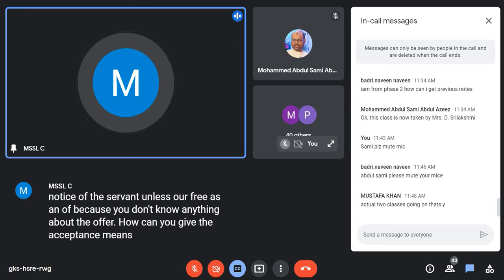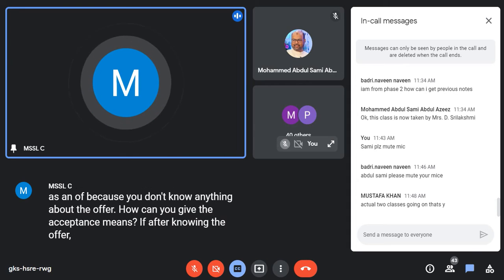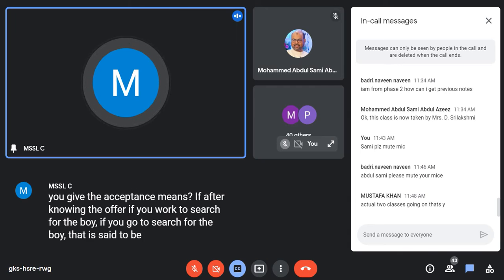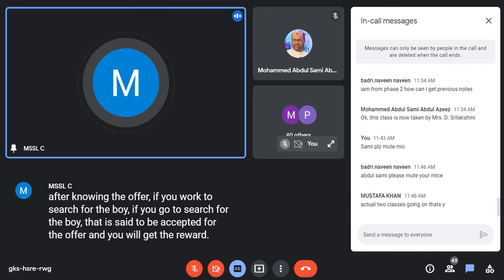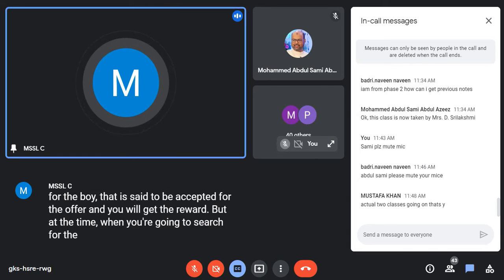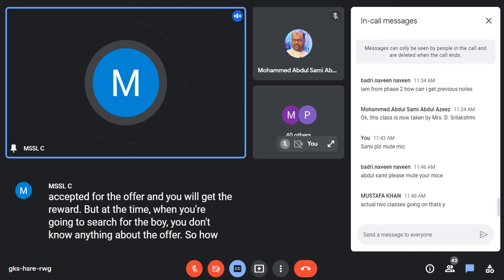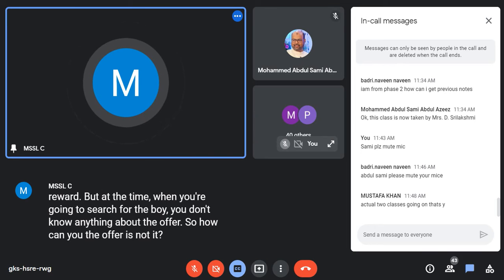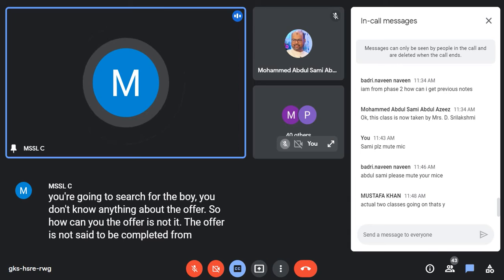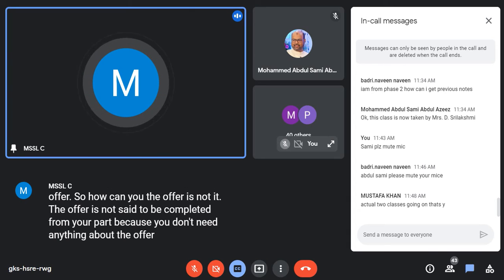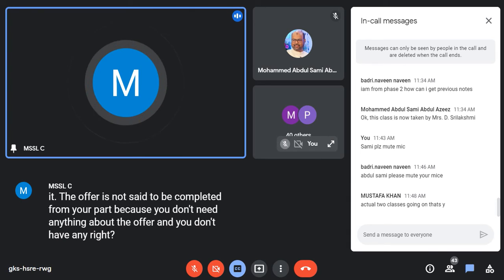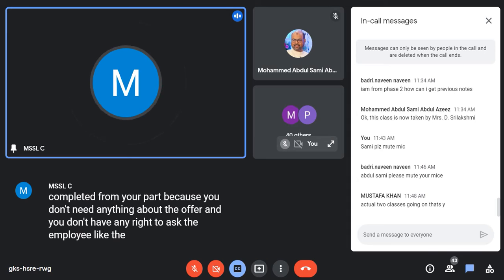If after knowing the offer you go to search for the boy, that is said to be acceptance of the offer and you will get the reward. But when you went to search for the boy, you didn't know about the offer, so you don't have any right to ask the owner to make the payment.